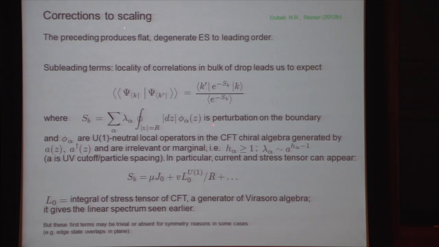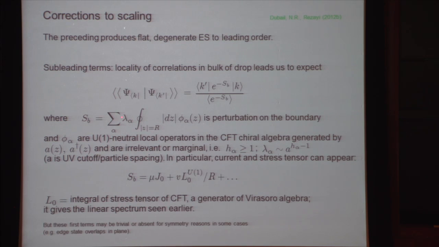They're operators in the non-chiral CFT, and they should be local on the line. They have some coefficients that I can't possibly calculate. So they should be local, and they should be U1 neutral operators, just for obvious symmetry reasons. And so there's many such possible operators. They could be descendants in the CFT and all kinds of things. They're built out of A and A dagger, basically.